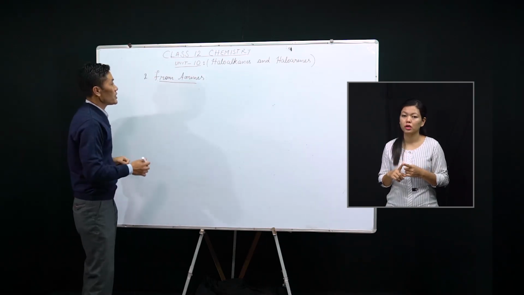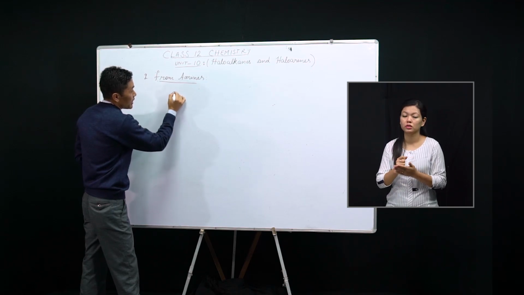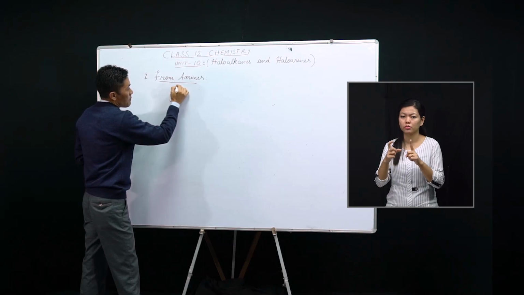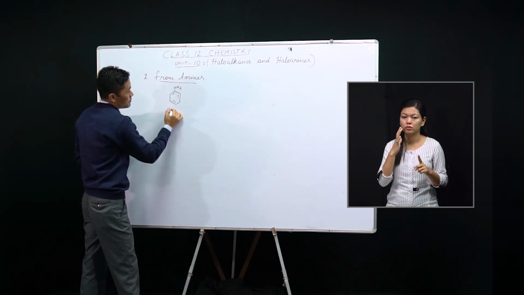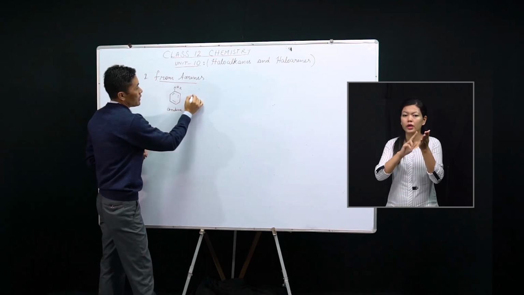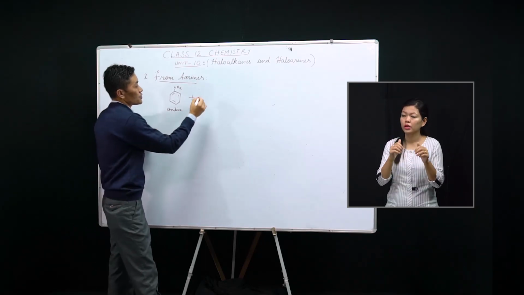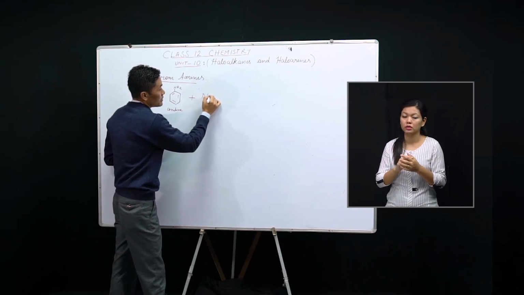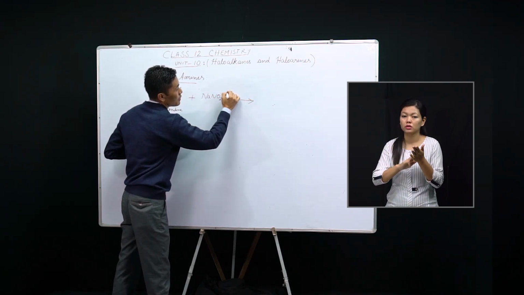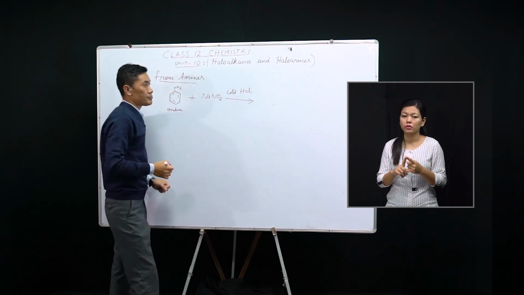Let us see the 2 steps here. We take a primary aromatic amine like aniline. The aromatic amine is treated with sodium nitrite in the presence of very cold dilute acid like HCl.